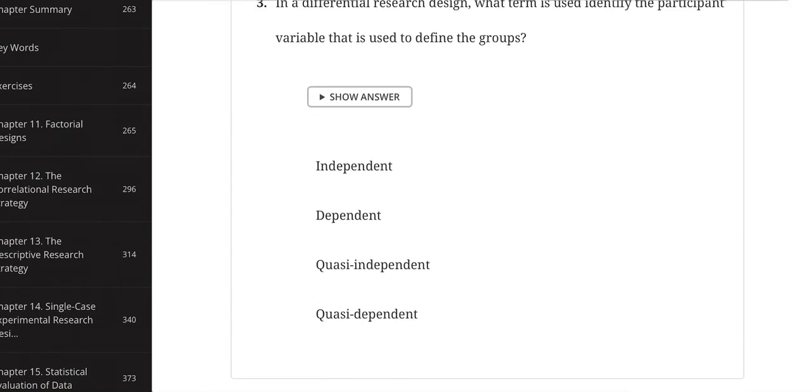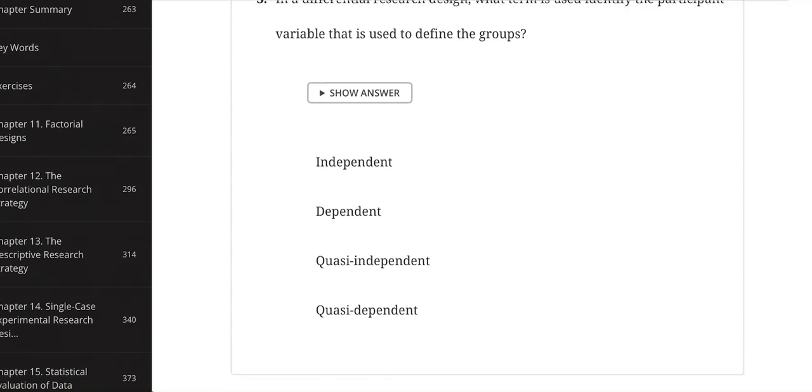And then lastly, in a differential research design, what term is used to identify, that's a typo, to identify the participant variable that is used to define the groups? So remember, in differential, we're just looking for a difference between groups.